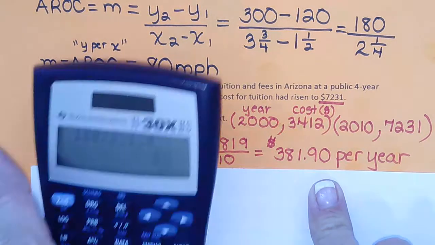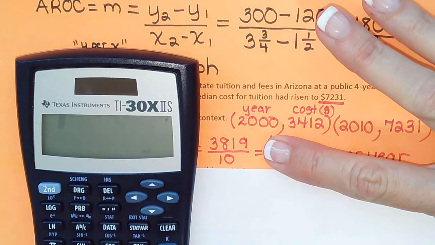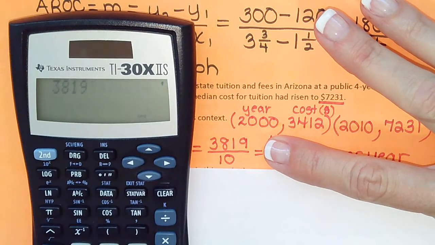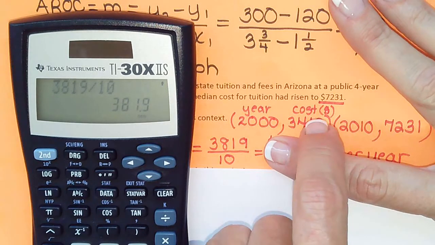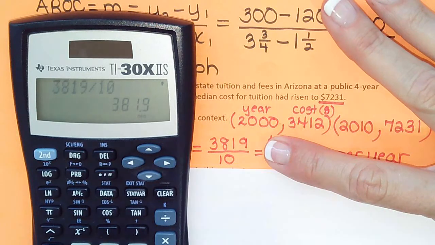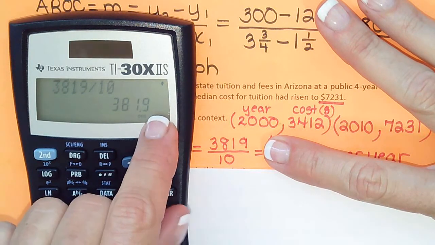And my calculator, so I want you to see this, gave me 3,819 divided by 10. It just gave me this. But when I looked up here, I went cost per year, because it's y per x. So then I'm like, oh, money has to have 2 decimals.